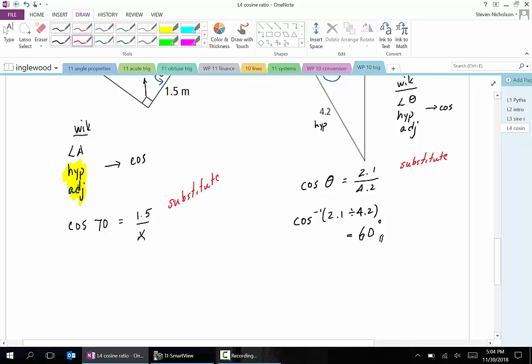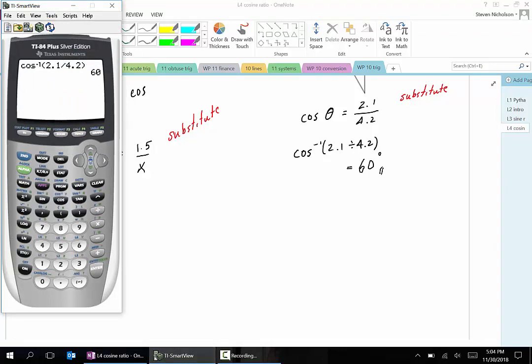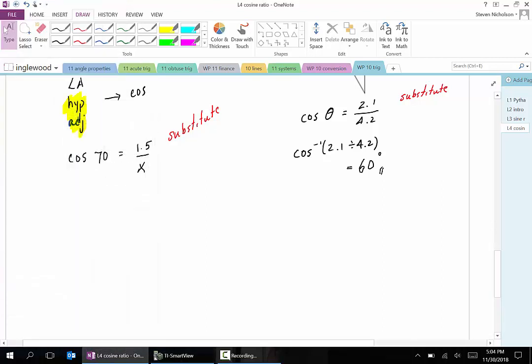Now remember the next thing we did? The cosine of 70 is just a number on our calculator. So let's go ahead and press the cosine of 70, and then we'll just substitute in that number to make things a bit nicer. 0.3420. So the cosine of 70 is 0.3420.